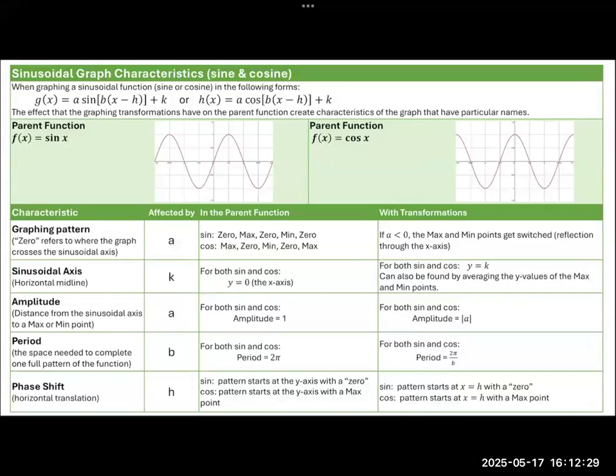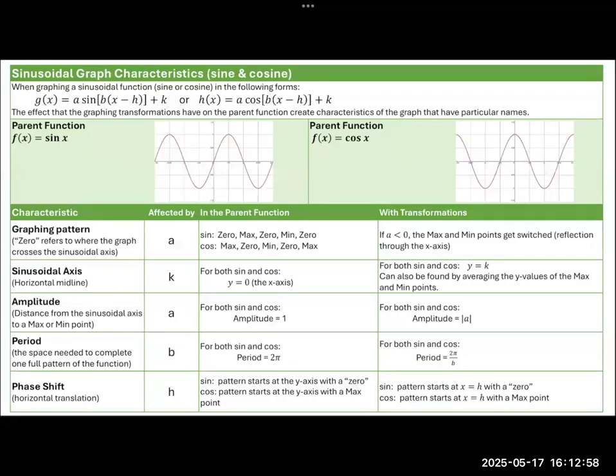So the first thing to realize is you can see there what the parent function of the sine x graph would look like and what the cosine x graph would look like. In each of these, there is what we would call a 5-point pattern that can be really helpful when you're graphing these.